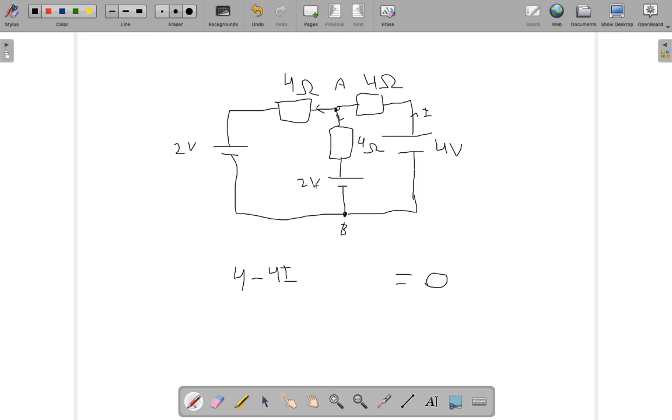Now note over here, the resistance in this branch is equal to the resistance in this branch. Both of them have a resistance of 4 ohms. And we're neglecting the internal resistance of these 2 volts. But even in that case, they have the same internal resistance. So we can say that the current going over here is I over 2. Sorry for the really small I over 2 over there. This diagram is a little congested.